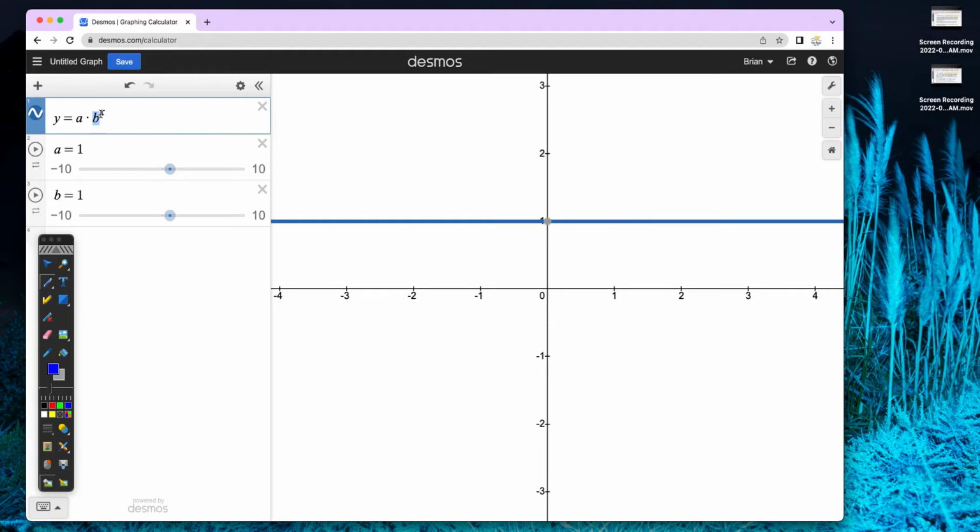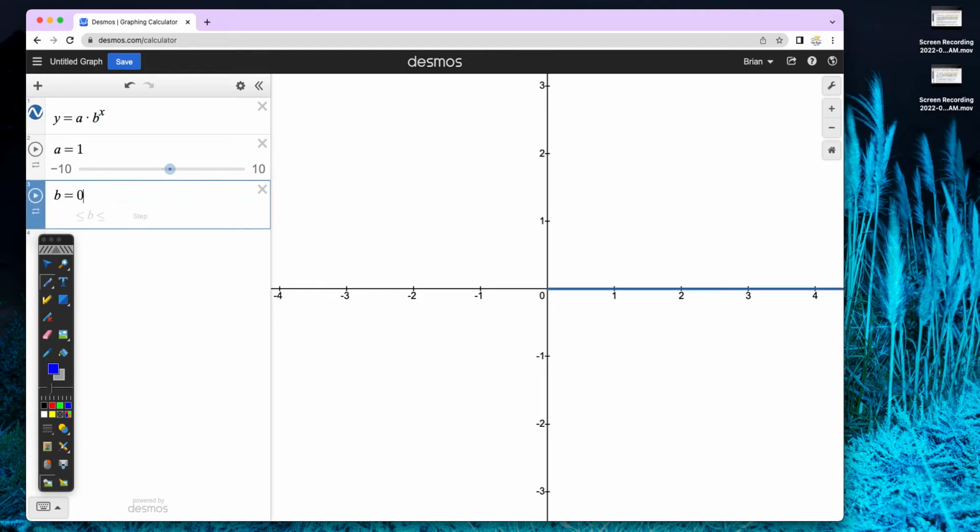Now, x can be any real number at once, all right? But if you let that b value become 1, it's never going to change because 1 raised to any power will always give you back 1. So one of the rules we're going to look at here in terms of exponentials is that b is not allowed to be 1.